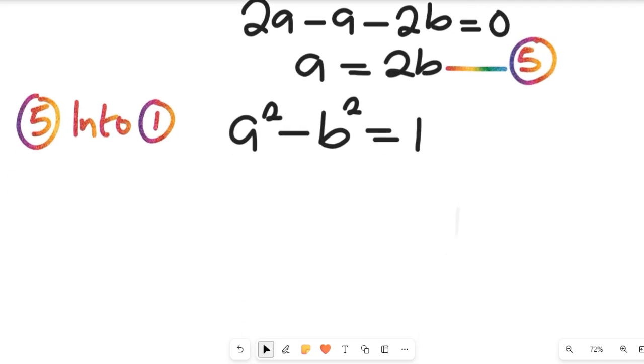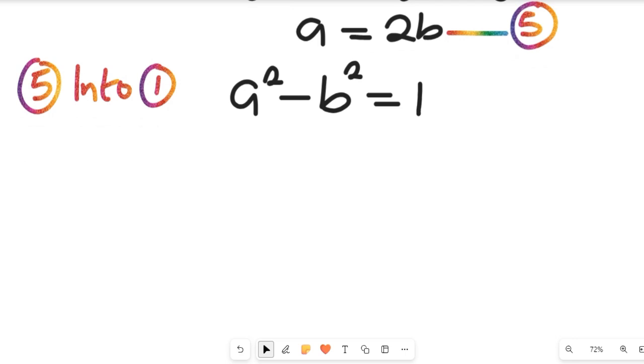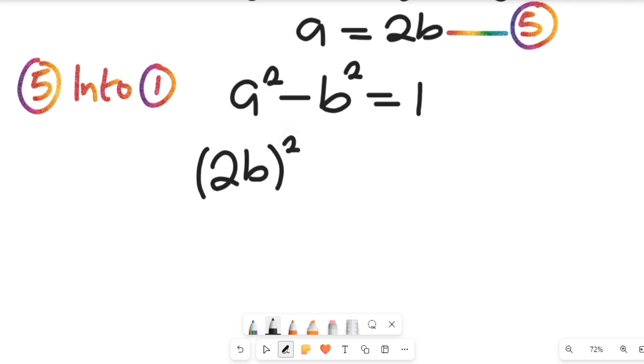So if we simplify that, with A equal to 2B, we'll have this expression: 2B, right? 2B squared minus B squared equal to 1.